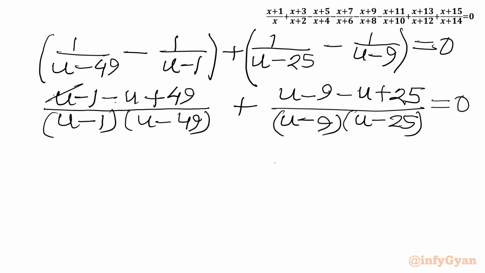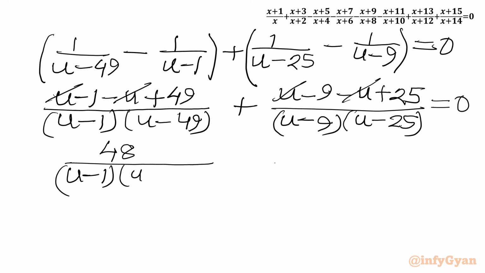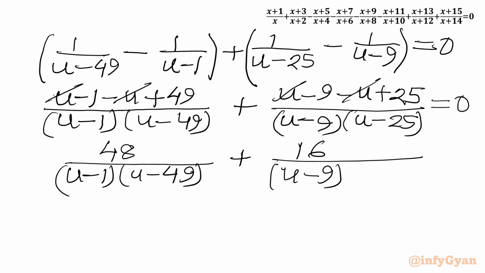We'll cancel plus and minus u from the numerators. 49 minus 1, 48 over u minus 1 times u minus 49, plus 25 minus 9, 16 over u minus 9 times u minus 25, equal to 0. Now the equation is divisible by 16.